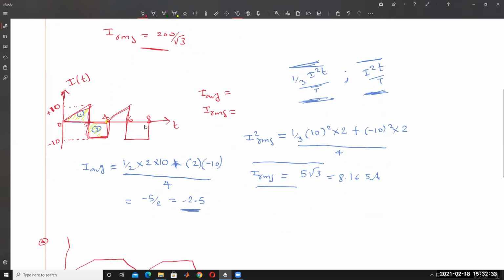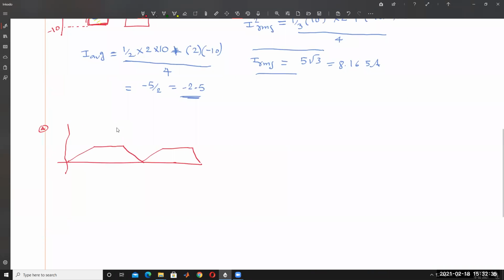Okay. So here, what is the total time period? Here 0, here 1, here 2, here 3, here 4, 5, 6. Understand? So here the peak is 5 amps.